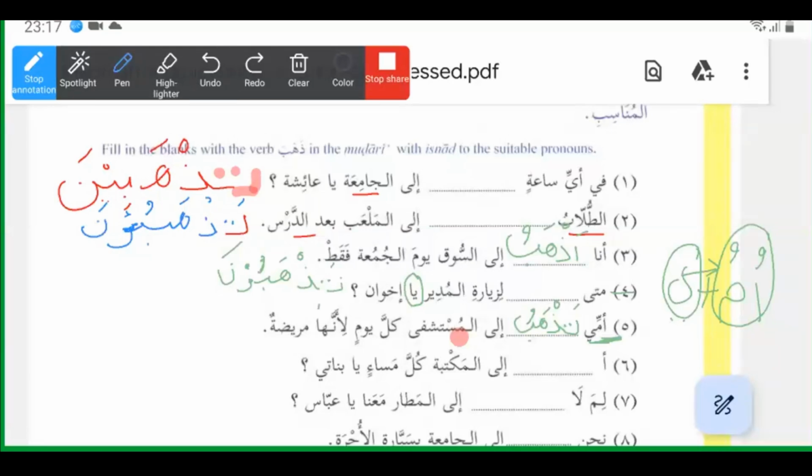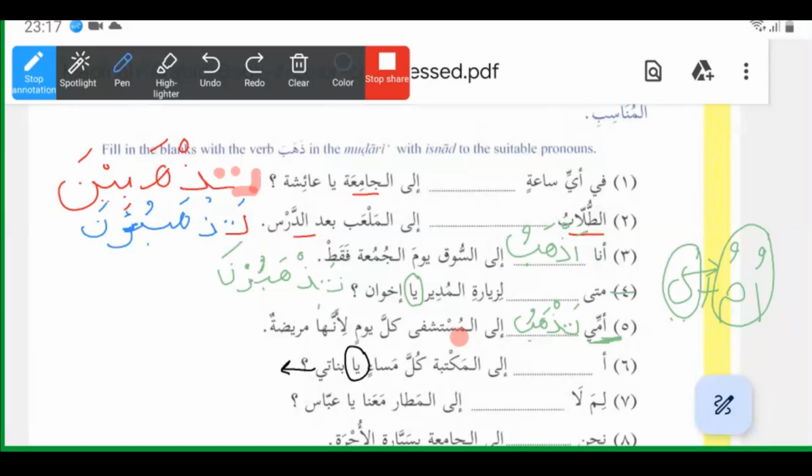So banati means my daughters. Once I say ya, it is a sign that this is a second person sentence, a second person jumla. Ya banati, oh my daughters.